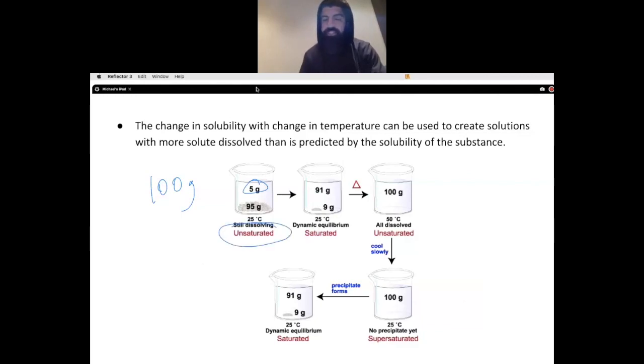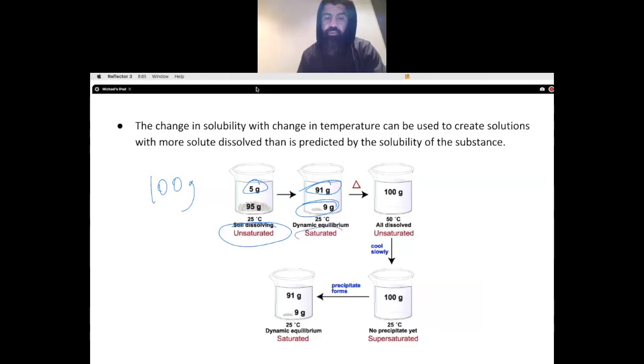So right now it is considered unsaturated because we have room to dissolve more. Eventually we've maxed out the amount of what we can dissolve. So right now we've got a 9-gram precipitate at 25 degrees Celsius.